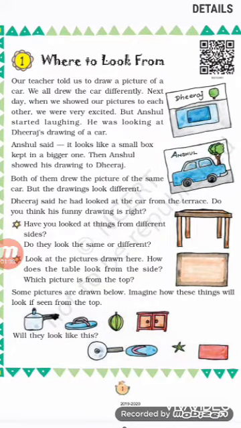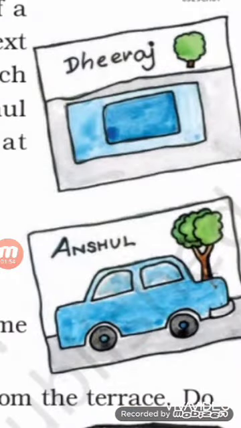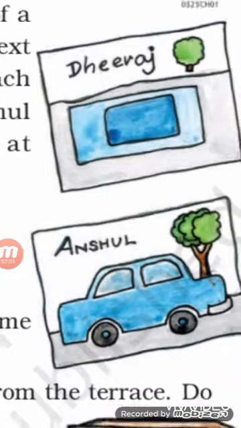Again I am repeating, when you see the whole portion of the object properly, the whole picture properly, that is called the side view of the object. And when you see only the upper portion, you cannot see the whole picture properly. You can only see the upper part, that is called the top view.